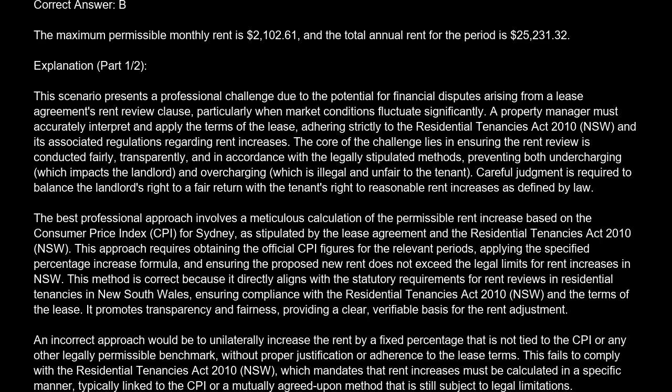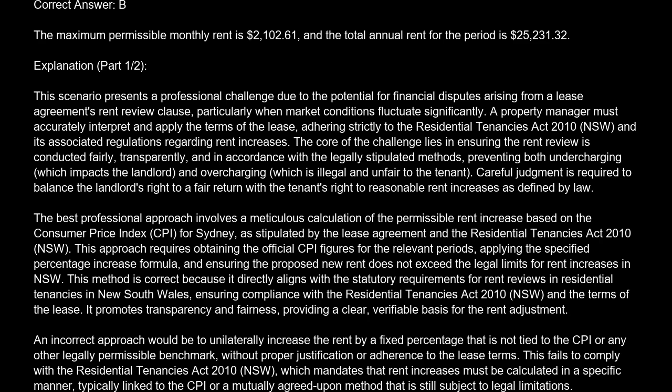The best professional approach involves a meticulous calculation of the permissible rent increase based on the Consumer Price Index, CPI, for Sydney, as stipulated by the lease agreement and the Residential Tenancies Act 2010, NSW. This approach requires obtaining the official CPI figures for the relevant periods, applying the specified percentage increase formula, and ensuring the proposed new rent does not exceed the legal limits for rent increases in NSW.